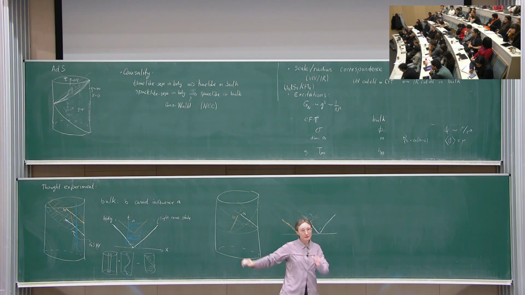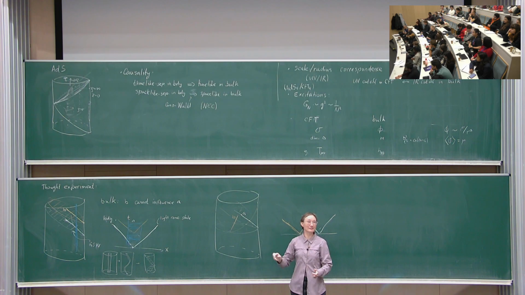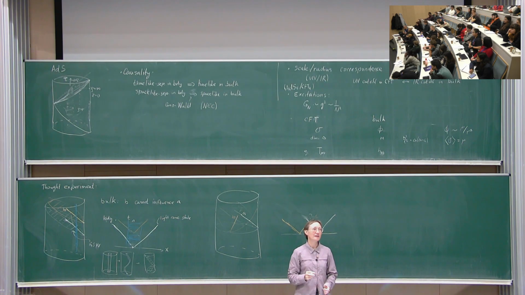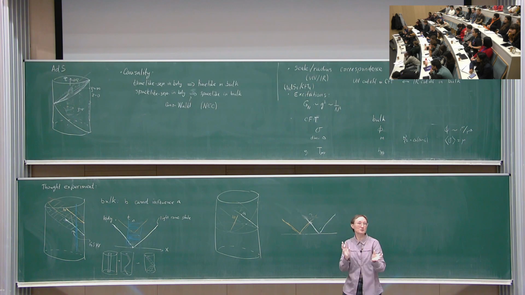Good. So I don't mean to dwell on the details of this. I just wanted to give you an illustrative example to stress the point that things conspire to match.